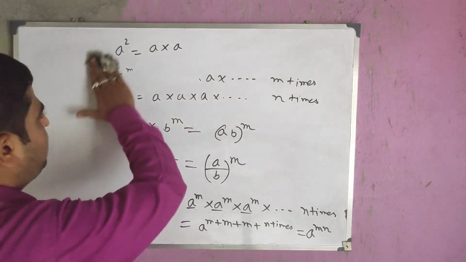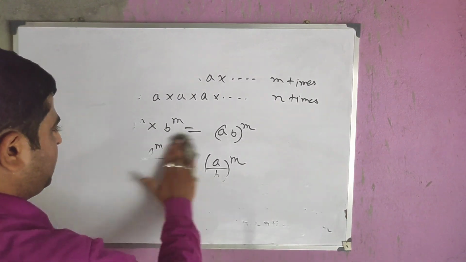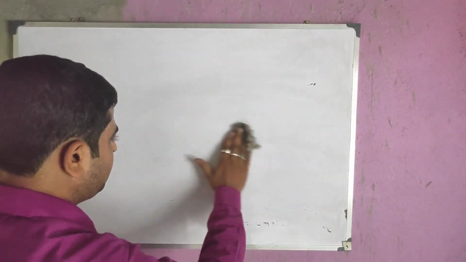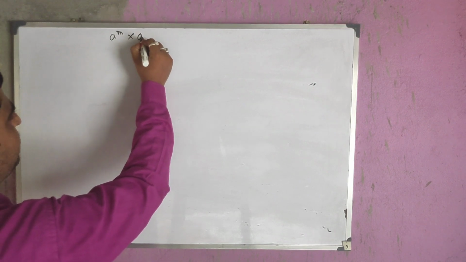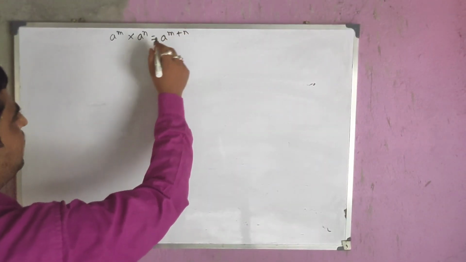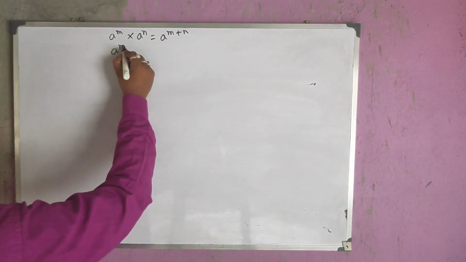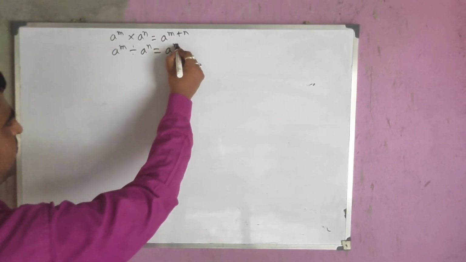So again I am writing the formulas at one place to remember them. First, what we have learned: a to the power m into a to the power n gives a to the power m plus n. It will happen only when the bases are equal. a to the power m divided by a to the power n gives a to the power m minus n.